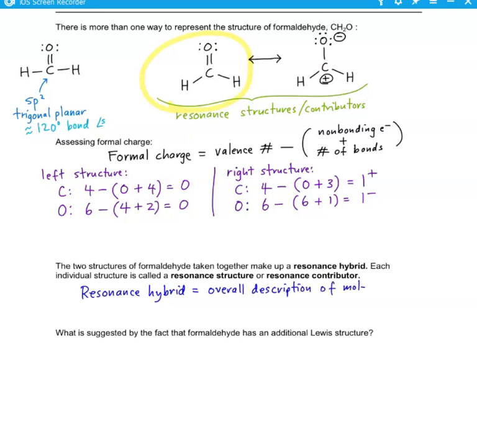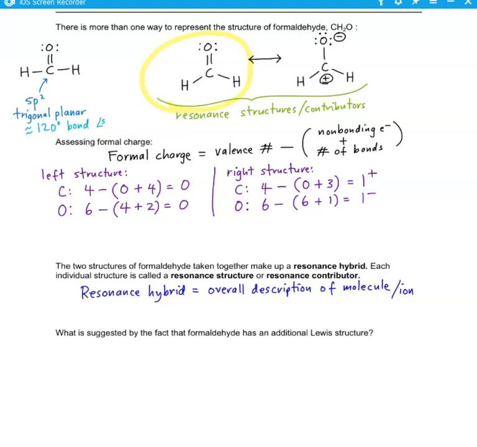The resonance hybrid is the overall description of the molecule or the ion, because we could do this for ions as well. So let's add that in, molecule or ion. And so each of the structures, the reason we call them contributors is because each one of them is contributing something to the resonance hybrid. It's contributing something to our overall understanding of the structure of this molecule.